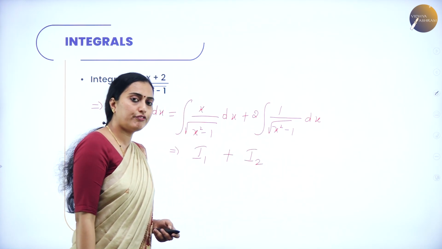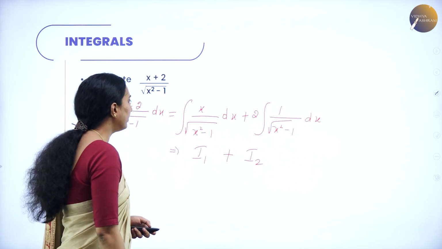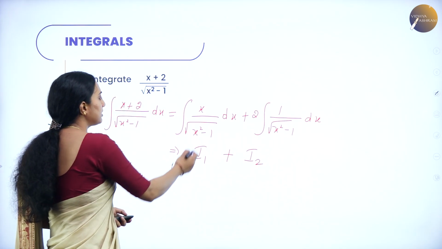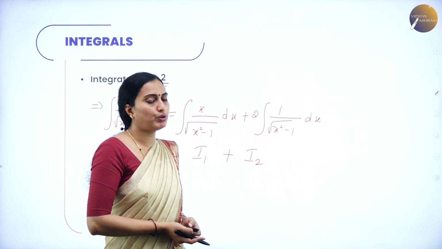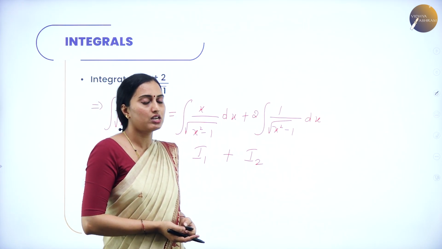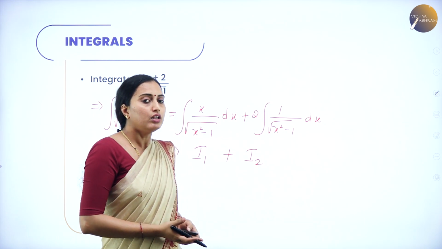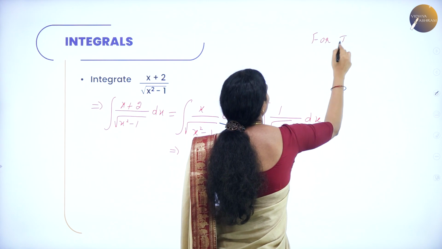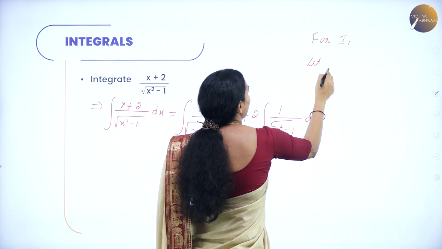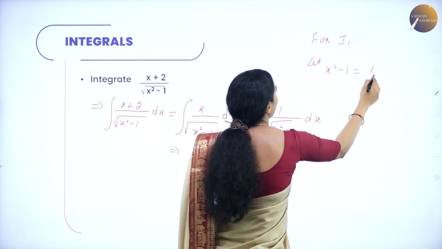Now first let us differentiate I1. If you differentiate the denominator, x squared minus 1, you are going to get 2x; the 2 can be taken to the other side. For I1, let x squared minus 1 equal to t.